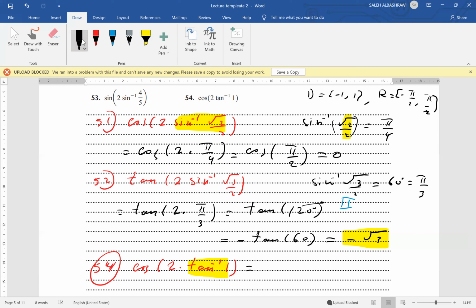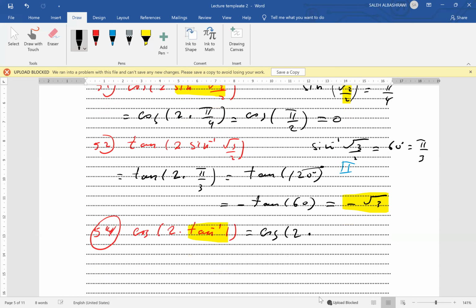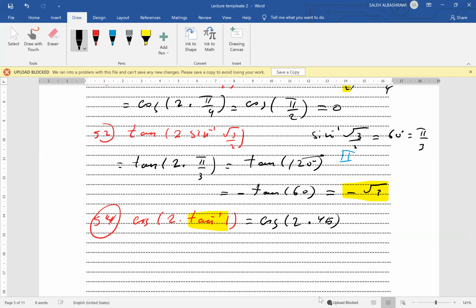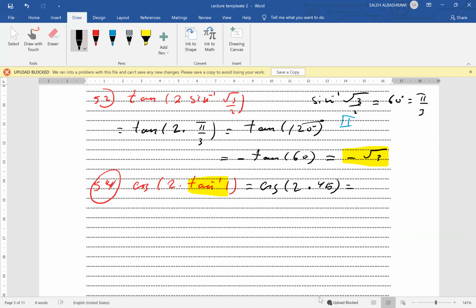So this can be written as cosine of 2 multiplied by 45 degrees, which is equal to cosine of 90 degrees. That will give me 0.